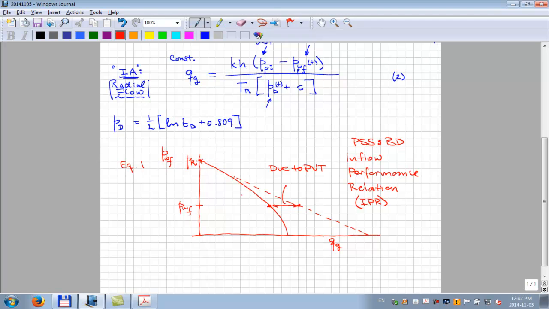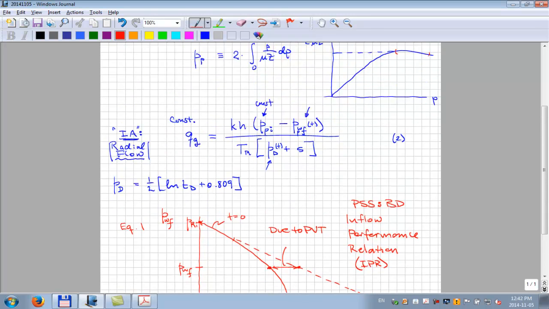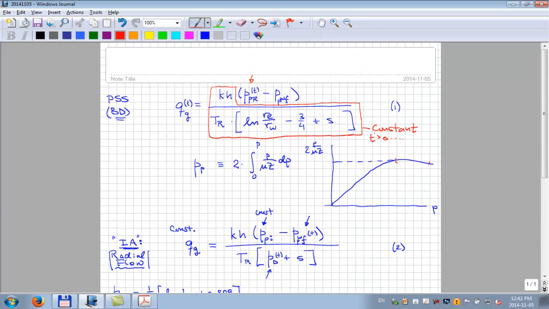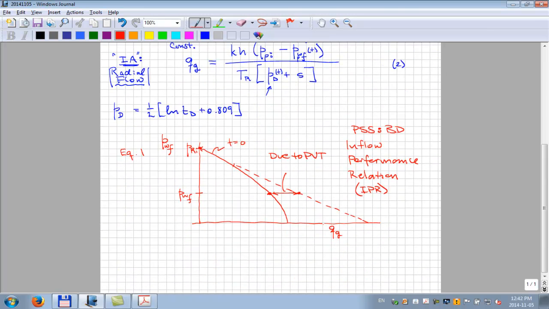Now, this particular curve that I've drawn here is for time equals 0. Okay? That's time 0. If we wanted to know what that constant is for a given well, then when we drill the well, we could just run a test, right?